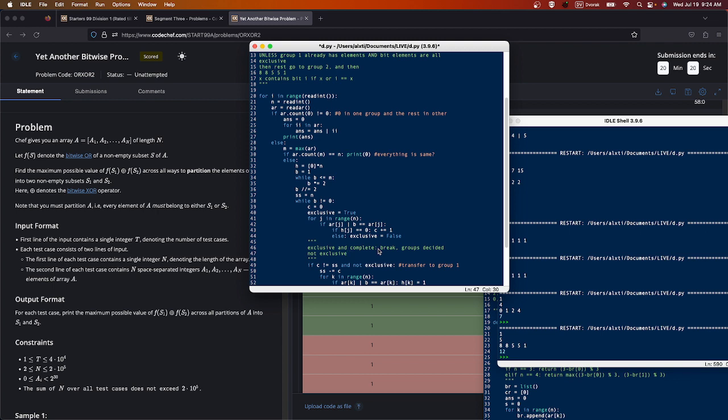If it's not exclusive, if it is completed, so all the elements are inside, but then, more importantly, it's not exclusive to either of the 2 current groups.